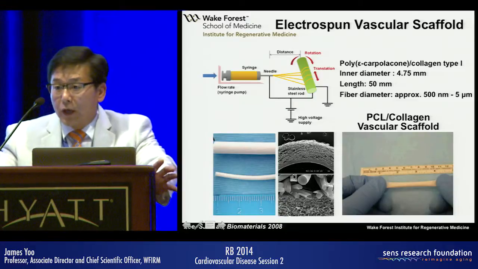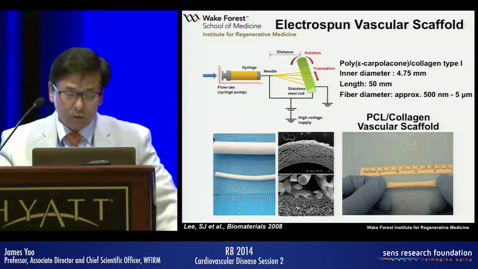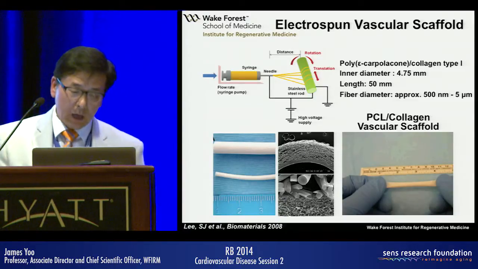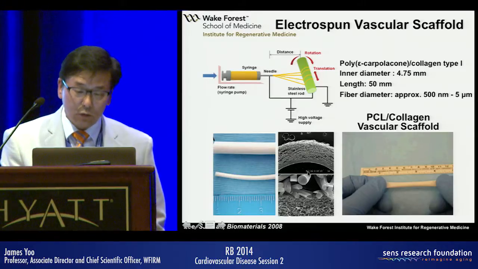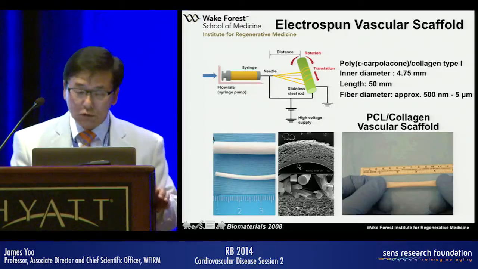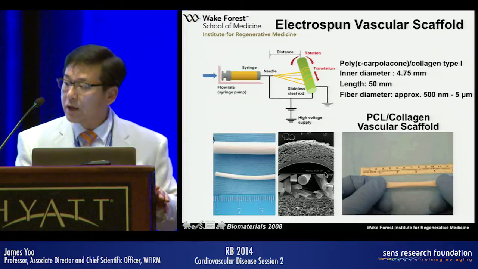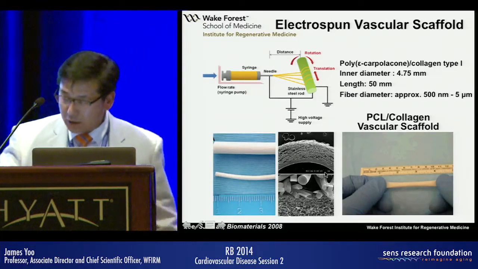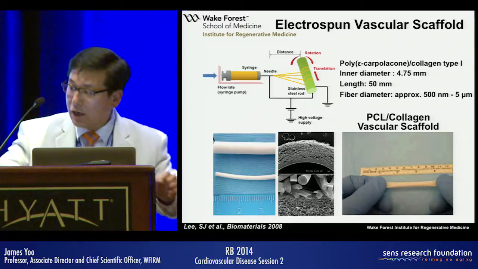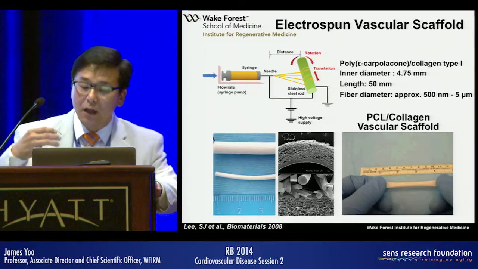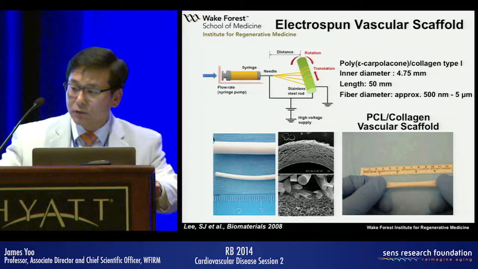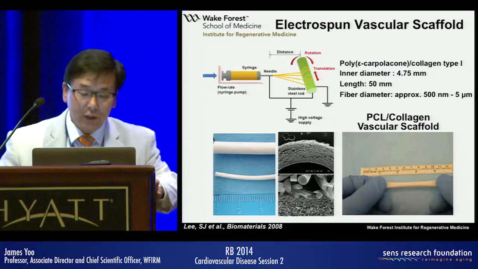To better fabricate for the purpose of a vascular graft, we have developed a bilayered scaffold which has 2 layers. We made it very tight in terms of porosity on the inner side so that the blood will not leak, and that would also give the endothelial cells an opportunity to adhere to it.